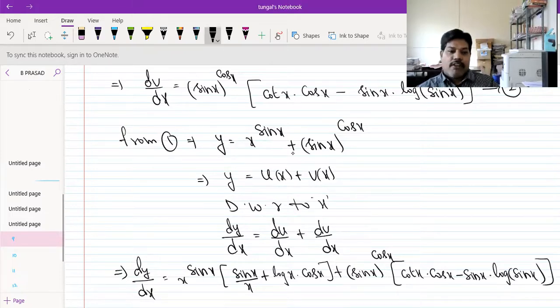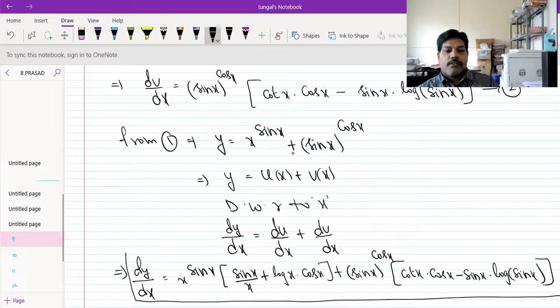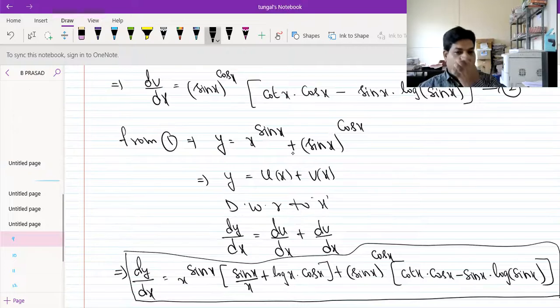So this is the v part. So what is the final answer? See that one, students. This is the final dy by dx: x power sin x into sin x by x plus log x into cos x, plus sin x power cos x into cot x into cos x minus sin x into log of sin x.